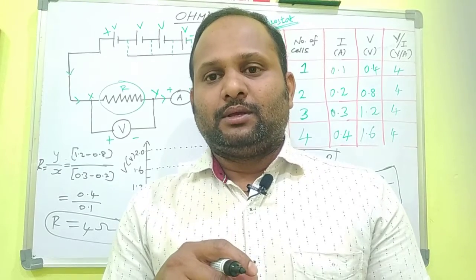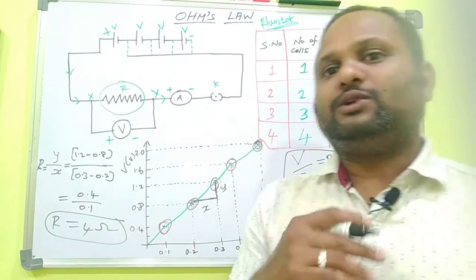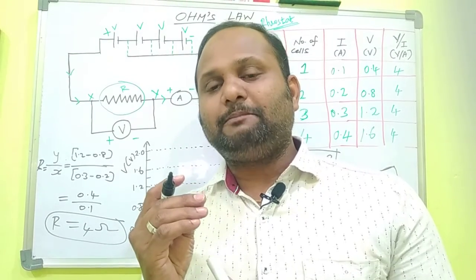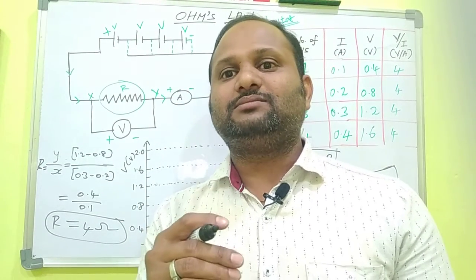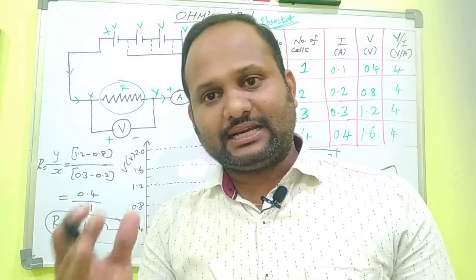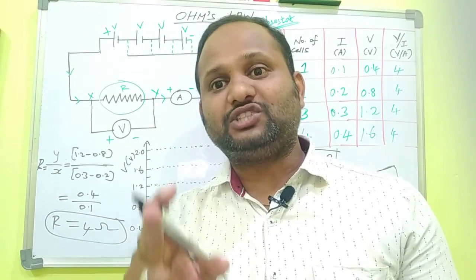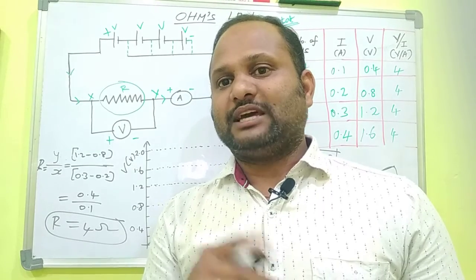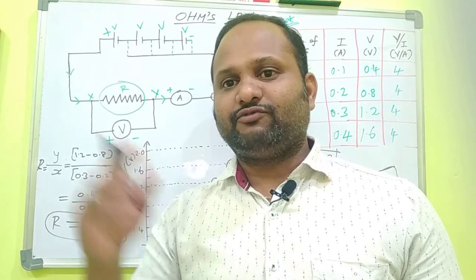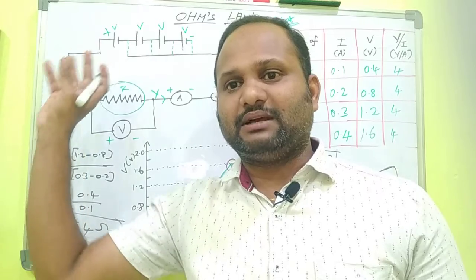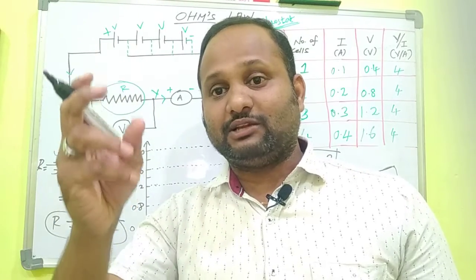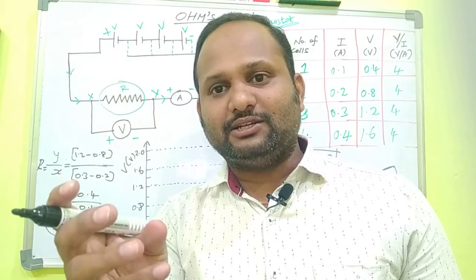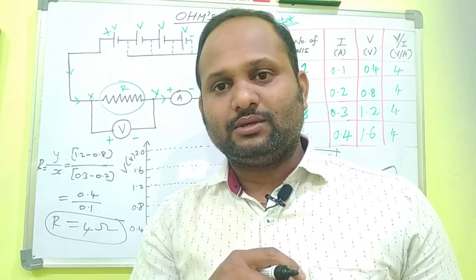Okay. The rheostat, another point I want to tell you. A rheostat is an instrument used to vary resistance in order to vary the current without changing the input voltage source. One question arises here. If I reduce the number of cells, the voltage source reduces. So when the voltage reduces, the current reduces. This we know.